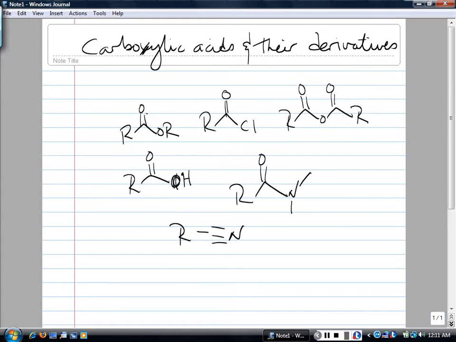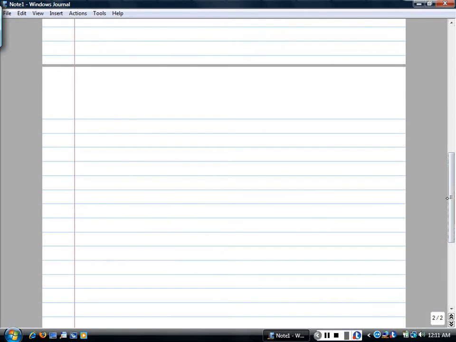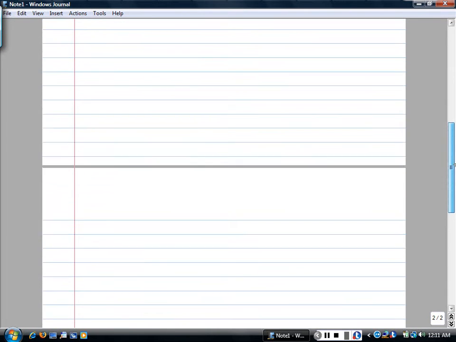But fundamentally, these carbons are all at the acid level, and so these are all considered to be derivatives of carboxylic acids. For much of the rest of the discussion, we're going to ignore the nitriles and focus on the other carboxylic acid derivatives, the ones that contain carbonyl groups.